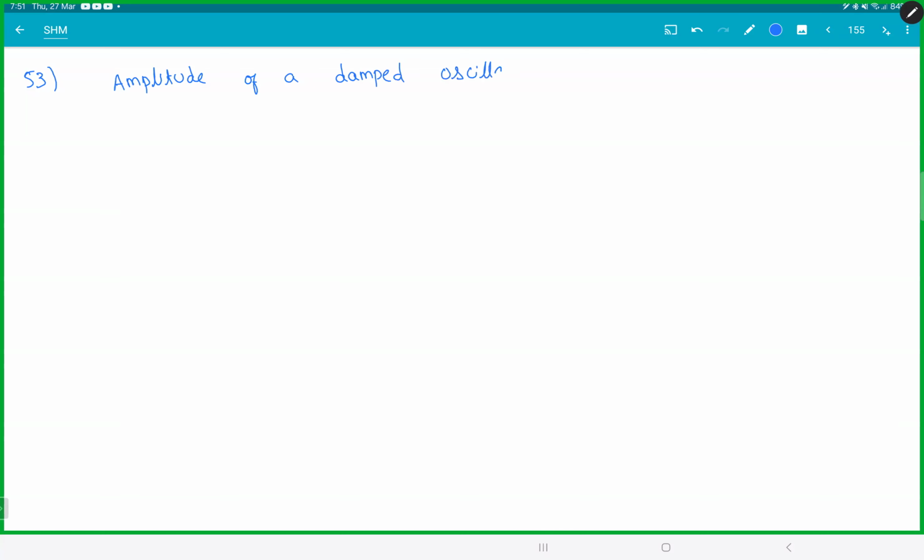This is HSC. This is an example question. A is given by A0 e^(-bt/2m). Find the time when the amplitude becomes half and find the time when the energy becomes half. These are the only two numericals you have. Meaning I can change when amplitude becomes 1/4, amplitude becomes 1/3 or something like that.